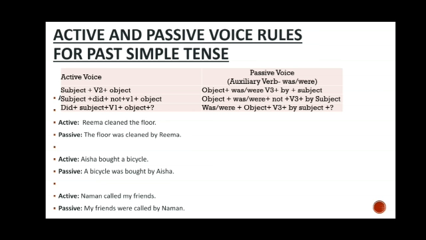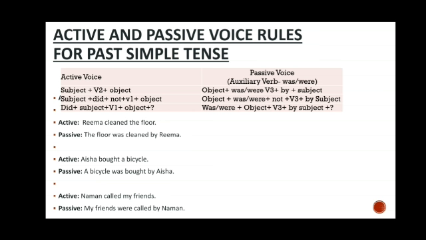How do you change it in passive voice? See, object plus was or were plus verb third plus by plus subject. Okay. And when we are changing it in negative, then object, was or were plus not plus verb third plus by plus subject. And if you are changing it in interrogative, then was or were, object, verb third plus by plus subject.